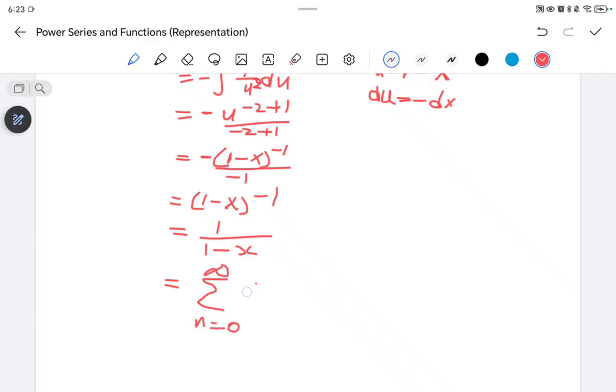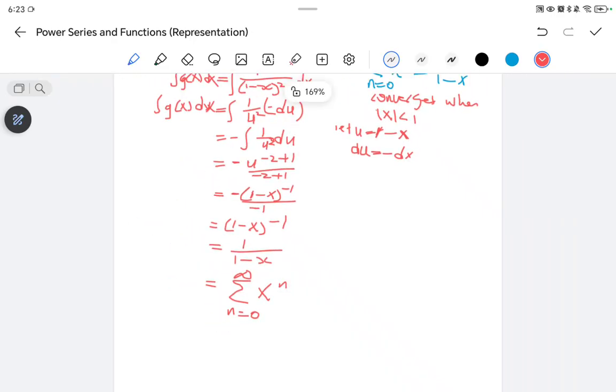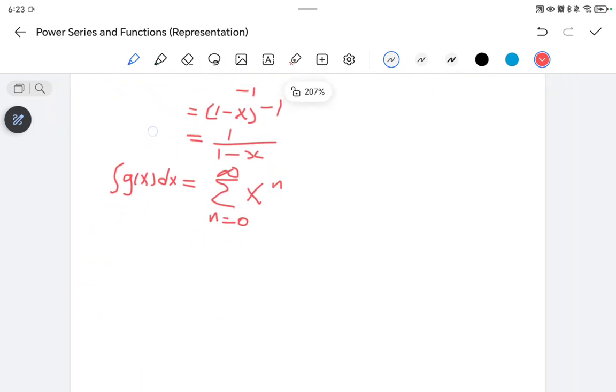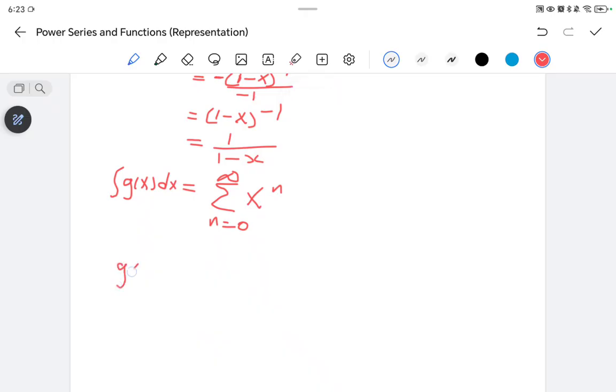I know that this one is a geometric series, which is in this format. But don't forget, this is the series of the integral of g of x, and we're looking for the one of g of x. So for us to get g of x, we must now derive this.